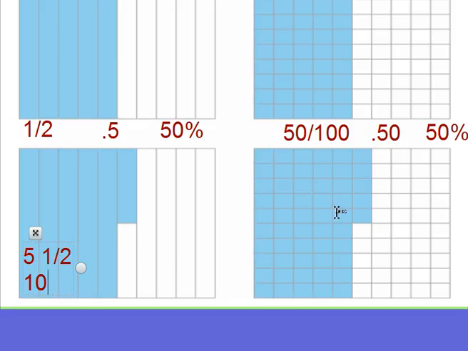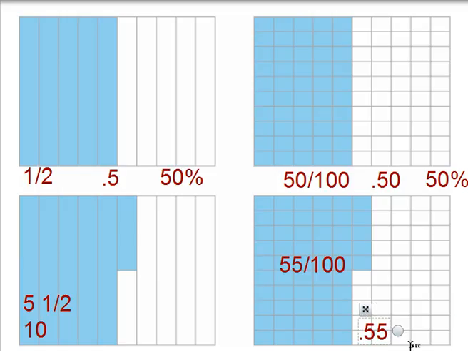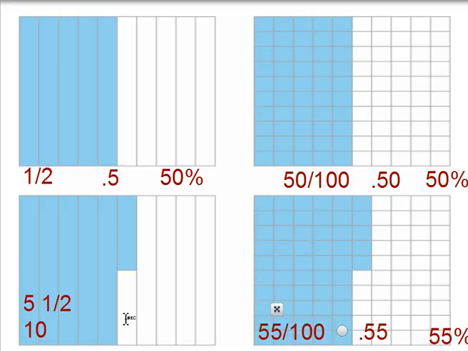If we count all these, there are 55 out of 100. Still means the same thing. If we wrote it as a decimal, it would be 0.55, or we have 55%. Now, do you understand how we could write it so many different ways?